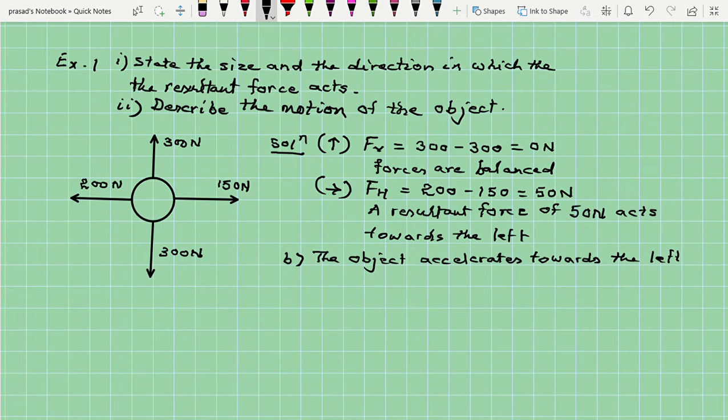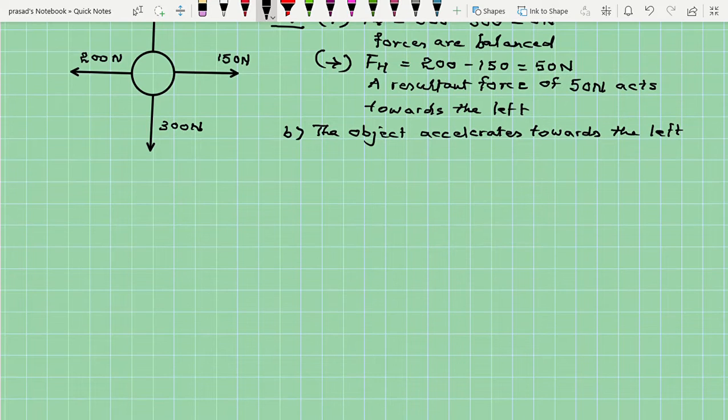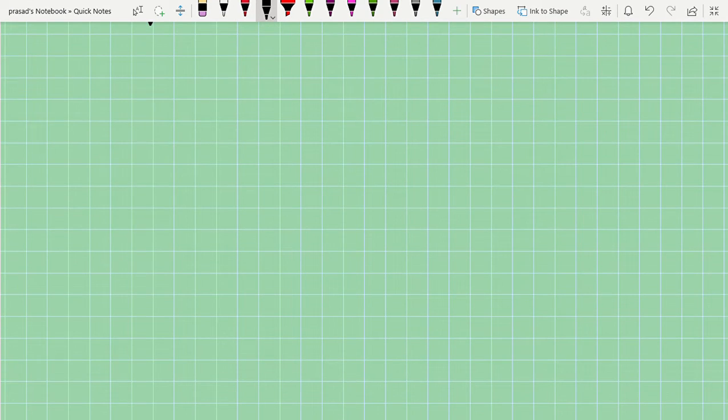So in a particular direction, suppose the forces acting cancel out each other, then there is no resultant force acting in that direction. And if the forces are not cancelling, they are of different magnitude, then take the force which is larger as positive, then the opposite force that is smaller will be taken as negative, and the object or the particle will accelerate in the direction of the resultant force.